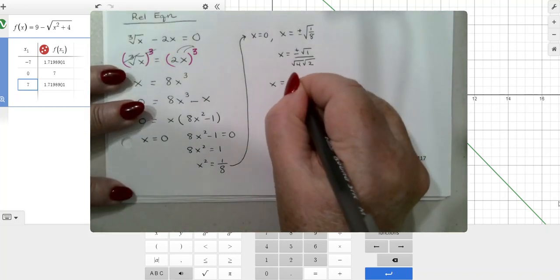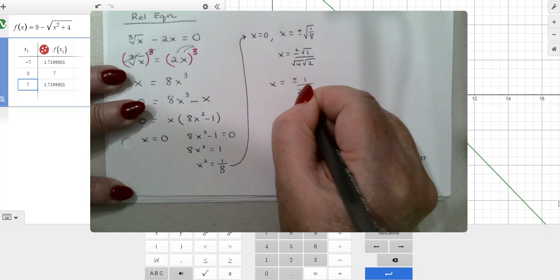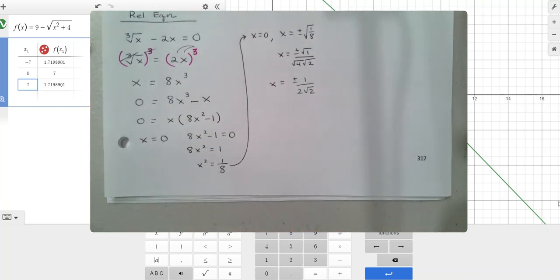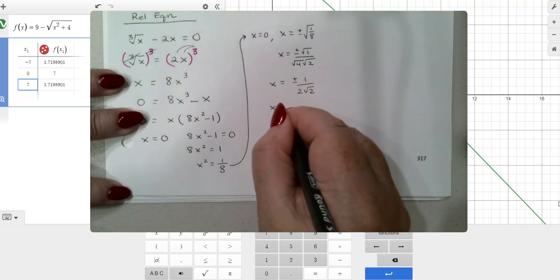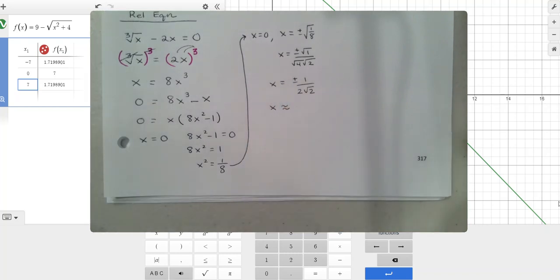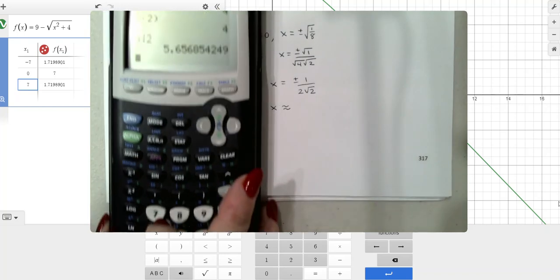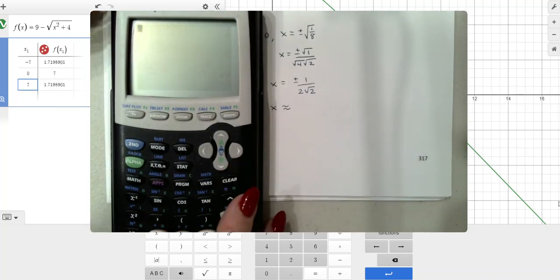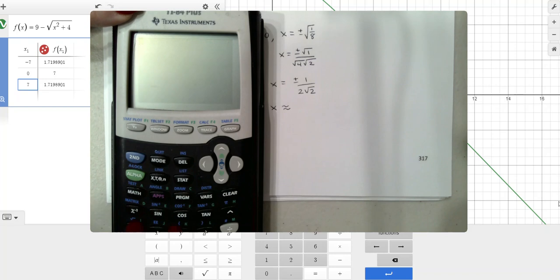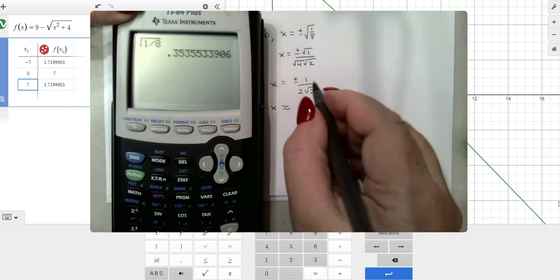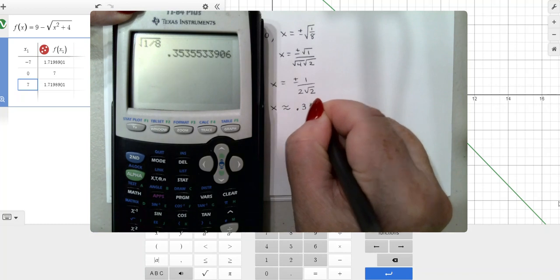So maybe plus or minus 1 over 2 square root 2. I can also get a decimal approximation for that. It might be easier to just do the square root of 1/8 if I'm doing it in my calculator. About 0.35, plus or minus.